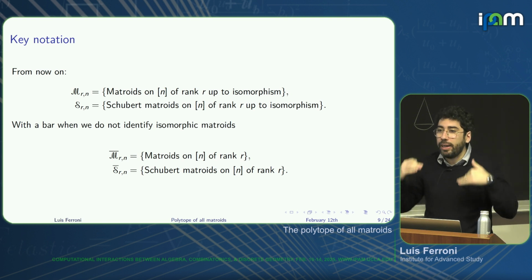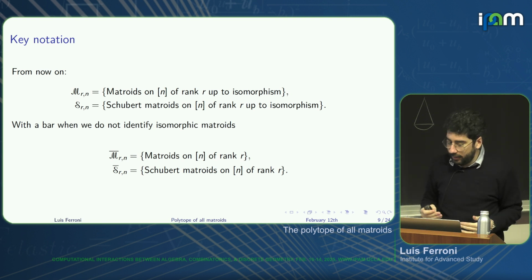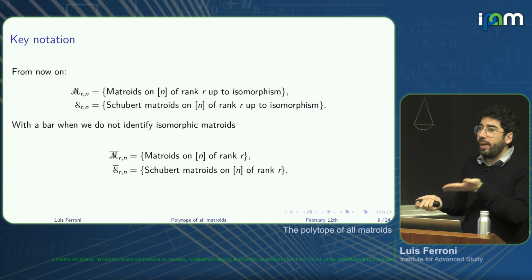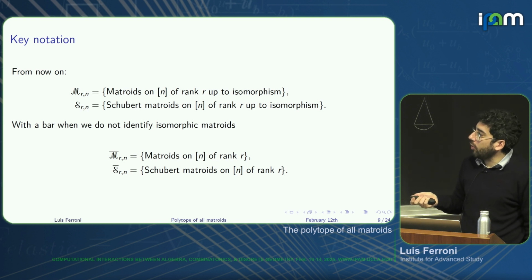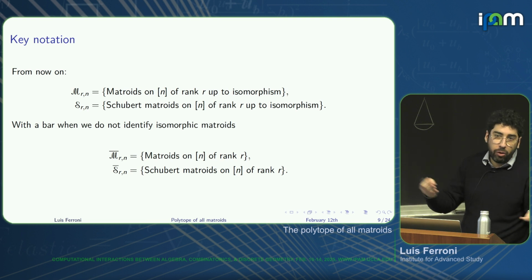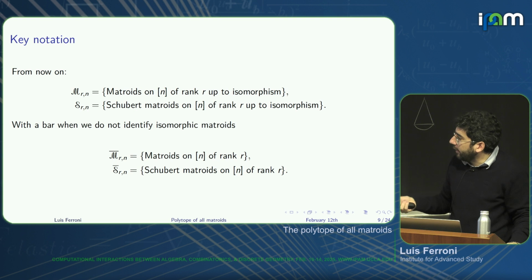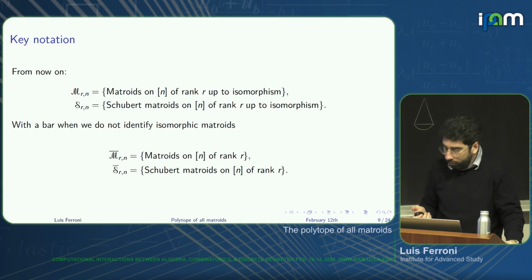And I will put bars when I do not want to identify isomorphic objects. So M bar_{r,n} will contain all matroids, so there will be many copies of the same matroid up to isomorphism, and S bar_{r,n} will be all Schubert matroids.